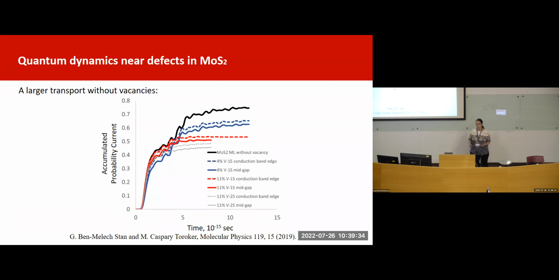We give the electron an initial energy of the conduction band. As we will see later in the exercise, we can control and decide what the initial energy of the electron is when it starts to enter and transport through the material. So we can give it at the edge of the conduction band, we can give it a mid-gap state.